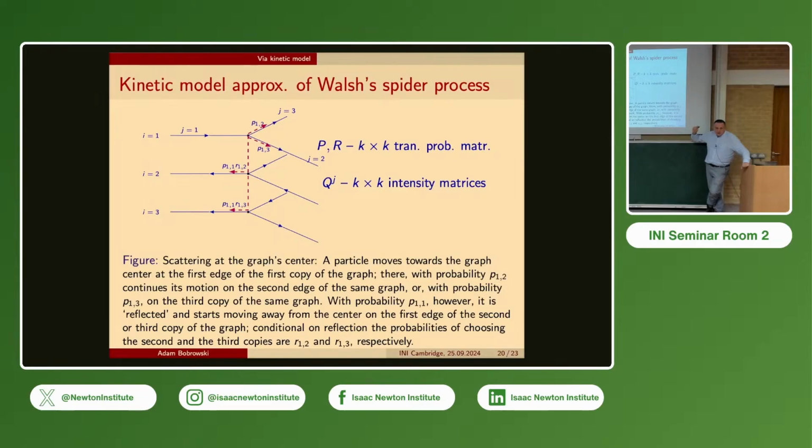This is the term P11, and the same here, P22 tells me that I'm not going to continue on this copy, but jump to some other copy. Also I have R, a probability matrix.